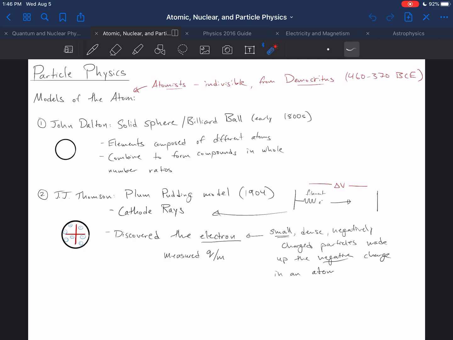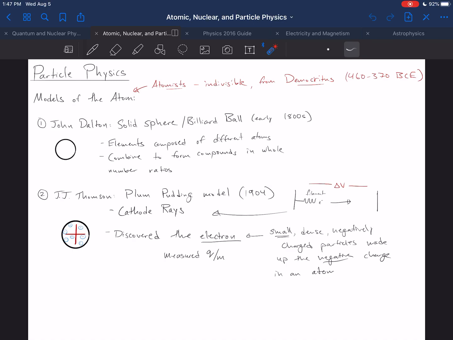Our next leap forward came from John Dalton, who observed that if you hypothesize that atoms came in small spheres or billiard ball shapes, and that different elements were composed of different atoms, you could use that fact to observe and predict the ratios of particular compounds after particular chemical reactions.